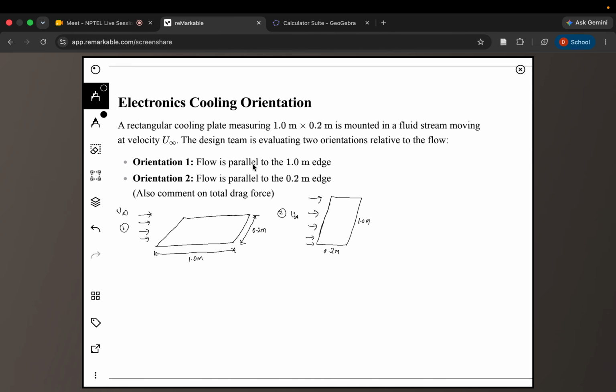So, will orientation matter? It does matter. So it does not matter. Okay. So anyone who says otherwise.